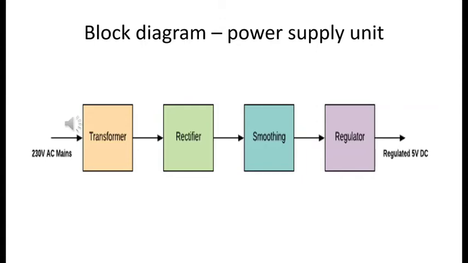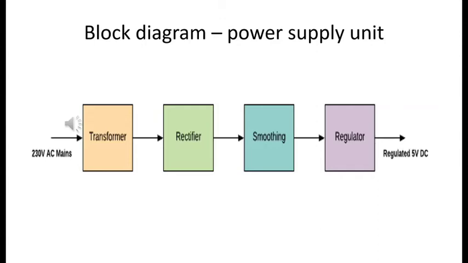We can use either a capacitor filter, an inductor filter, or an RC filter. In our case, we can use a capacitor filter. The capacitor filter removes the ripples that are present in the output of the rectifier circuit.